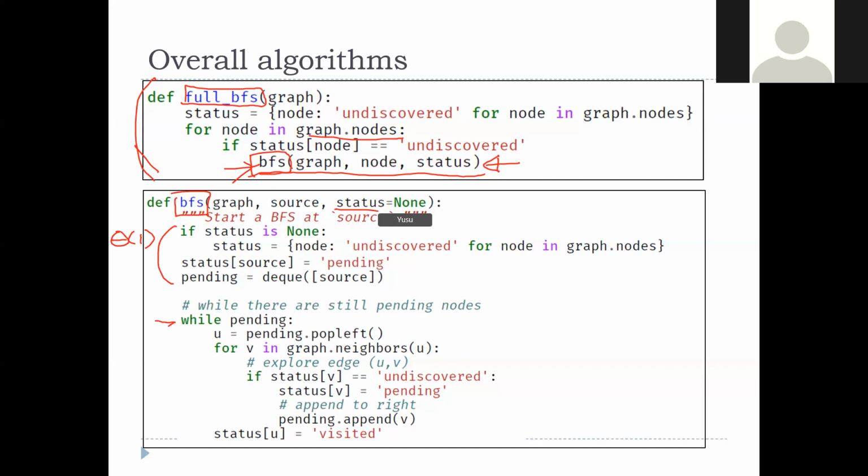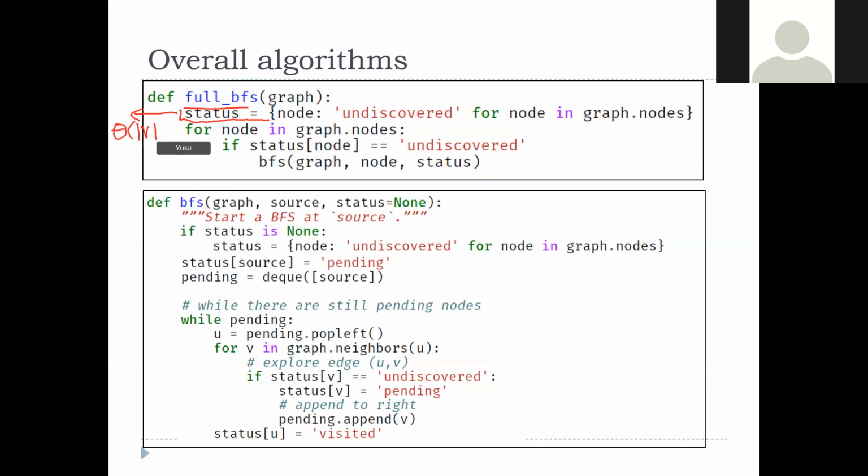To set up the initial status, we have to set every node to be undiscovered, and that takes time linear in the number of nodes. So within the BFS algorithm, this part is just constant time.